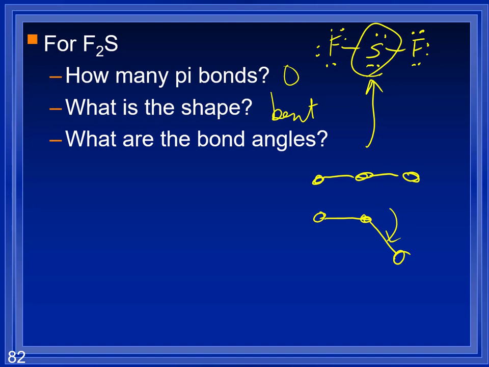With 2 it's 180. 3 is 120. I got to get smaller than 120, and the number smaller than 120 is 109.5. So that's when they ask you how to do the shapes. Look at that central atom. See how it matches up with your table. Does that make sense? Doable?